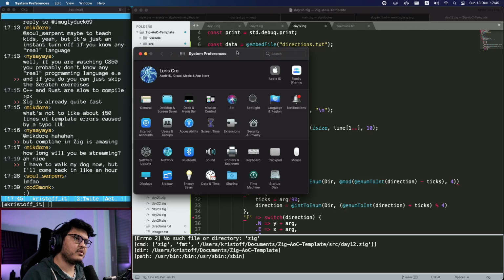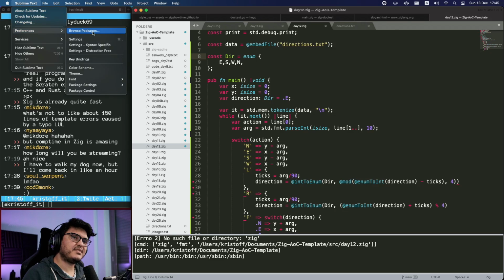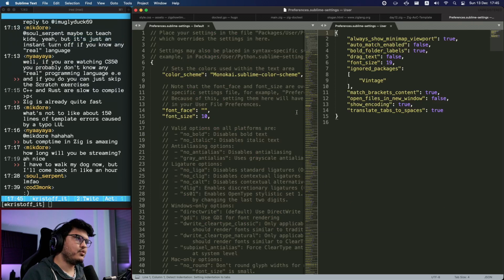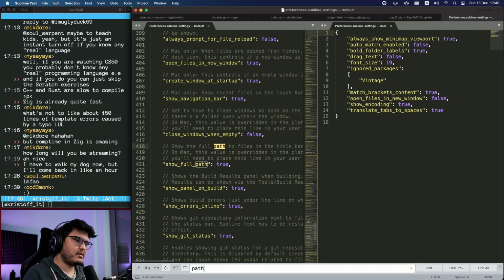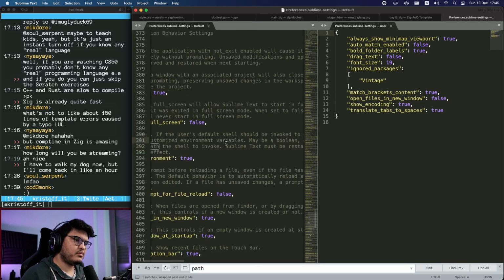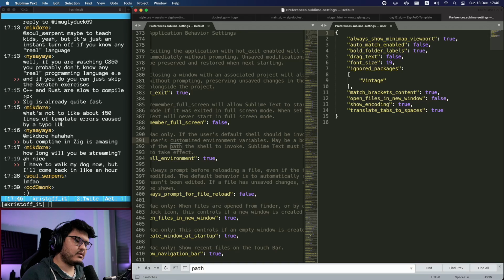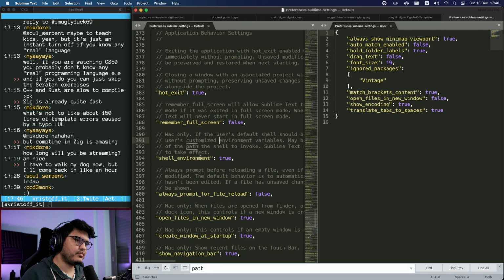Okay, wait, no. Preferences, settings. Path. Show full path. Shell environment true. Wait, I do have zig in my normal terminal. So what's up with you? Oh, that's it. Just shell environment true.